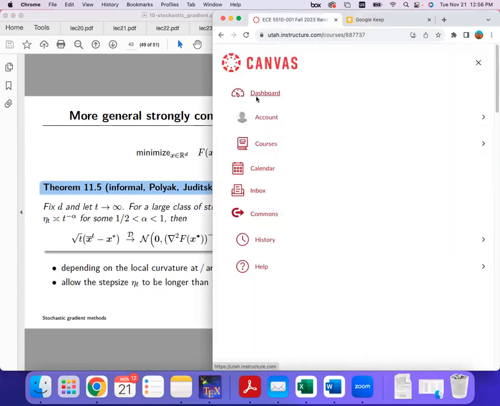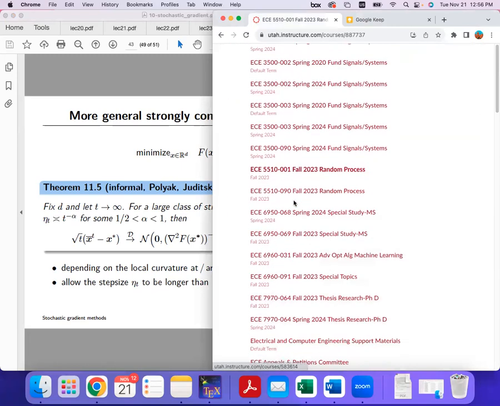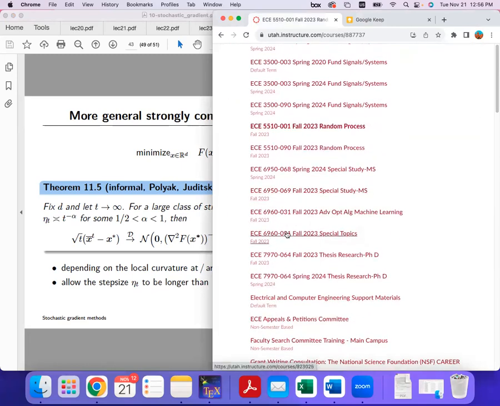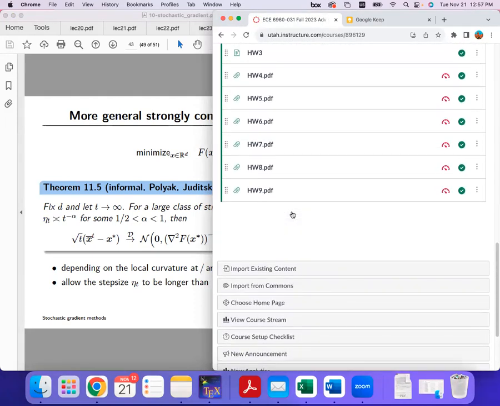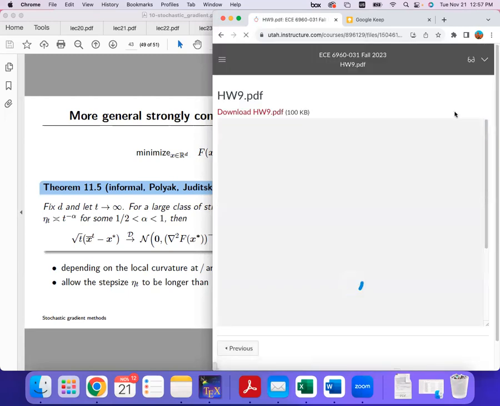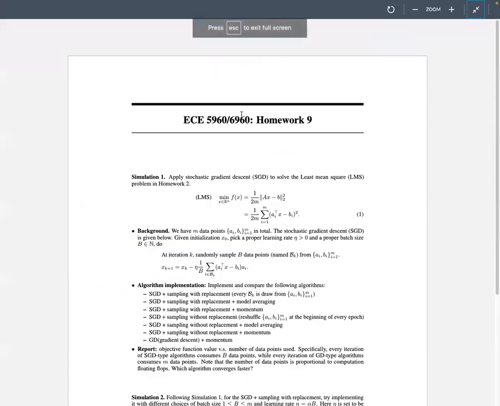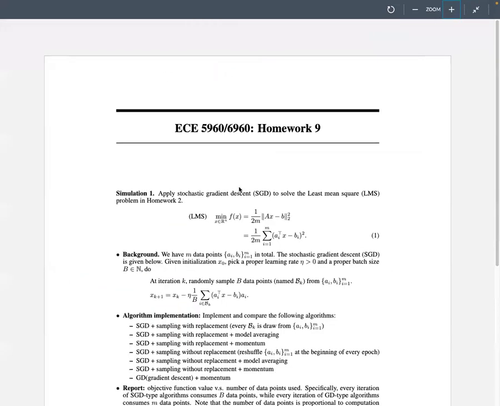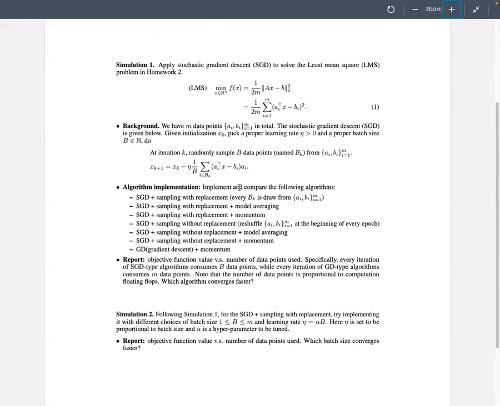And then we can look at the homework. Last time we talked about part of this homework problem, these three algorithms. Basically here we are implementing the standard SGD algorithm.